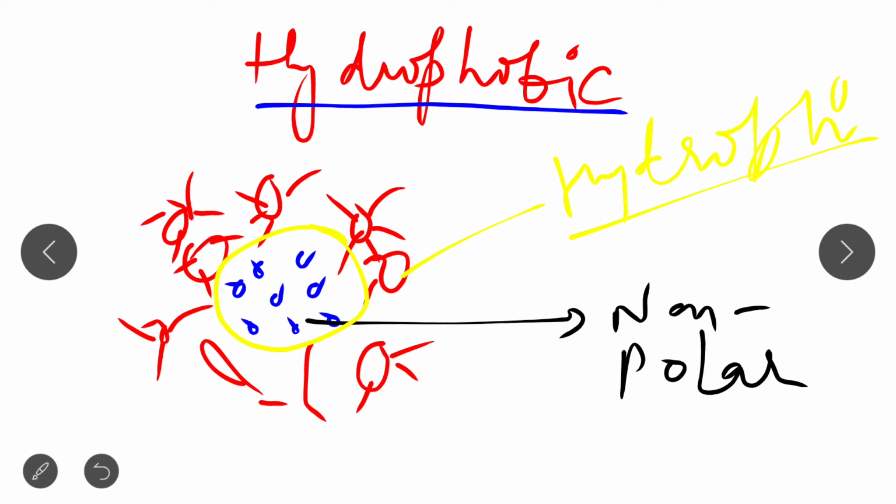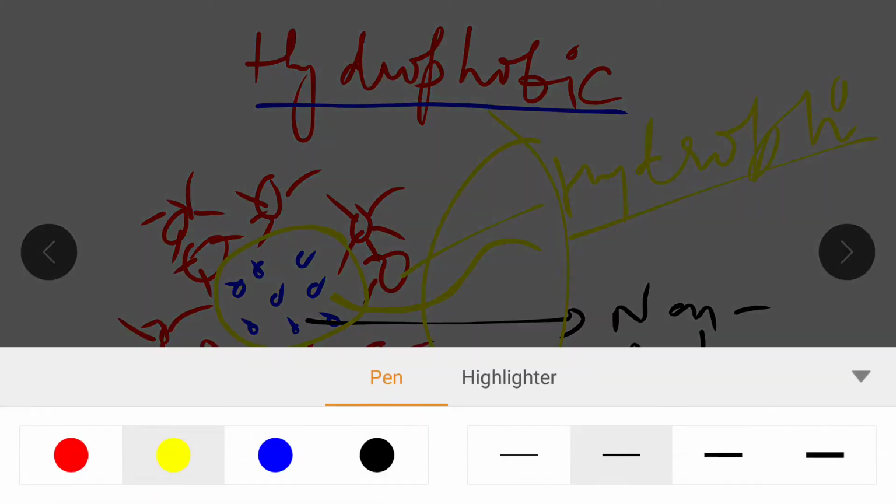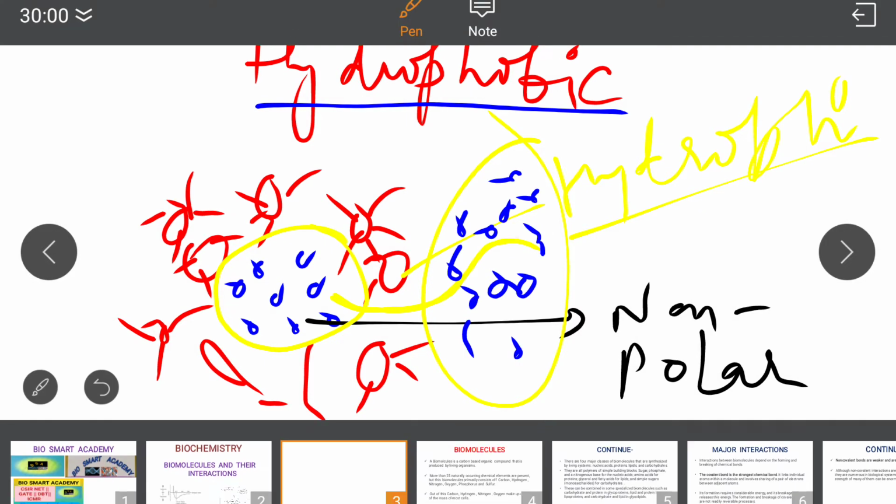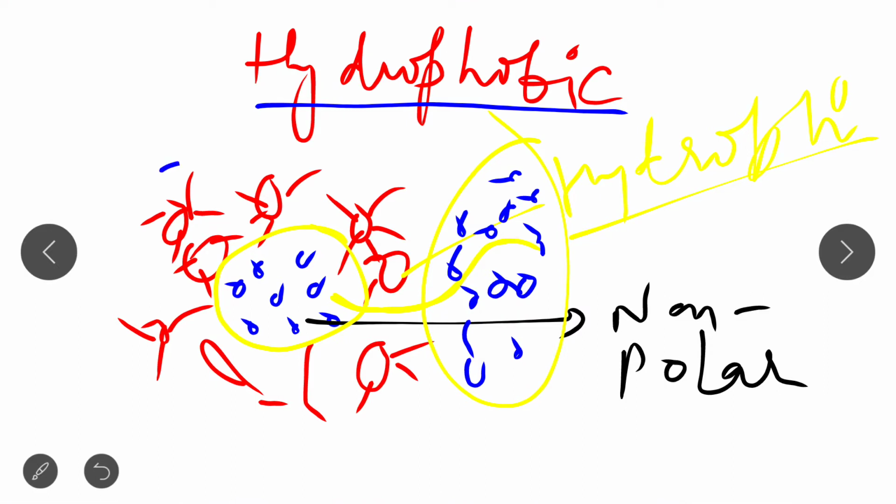They will try to move through this hydrophilic layer and form their own layer, and this concept is also known as solvation layer. So when the non-polar molecules move through the hydrophilic layer and form their own layer by displacing the hydrophilic molecules, this concept is known as hydrophobic interaction.